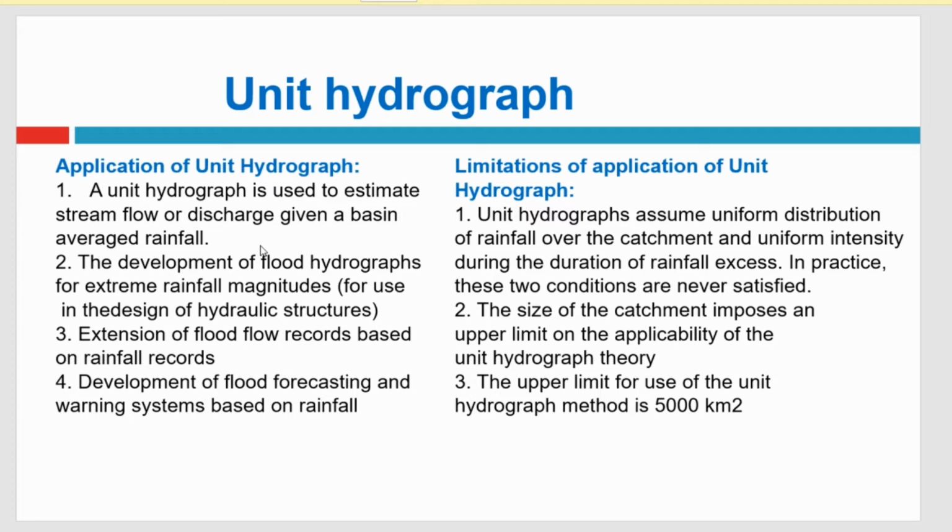Next. So it means what? Unit hydrograph will help you determine or predict the discharges that are possible in the stream, if we have the rainfall data. This development of a flood hydrograph is done for catchment areas where you want to determine what the flood is.